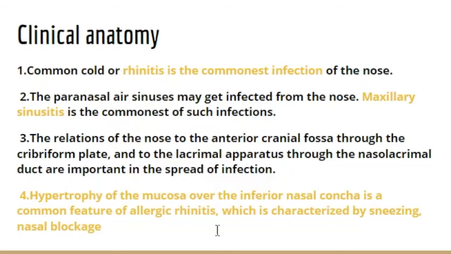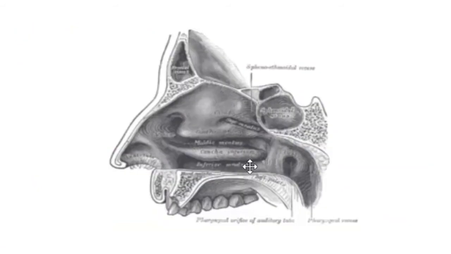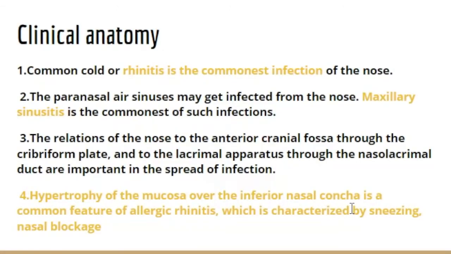Okay, so the most common feature of allergic rhinitis is the hypertrophy of the mucosa, and since we saw that the inferior meatus is also the largest nasal passage, it is often characterized by sneezing and nasal blockage. Apart from that, the paranasal sinuses, which open into the lateral cavity, may get infected from the nose, and the most common of such infections is maxillary sinusitis.